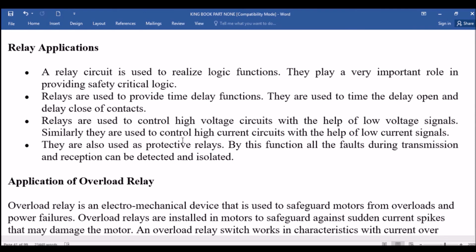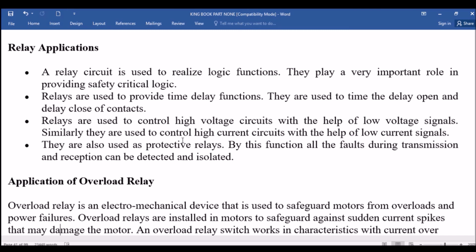A relay switch is used to realize logic functions. They play a very important role in providing safety critical logic. Relays are used to provide time delay functions. They are also used for time delay open and delay closed of a contact. Relays are used to control high voltage circuits with the help of low voltage signals.